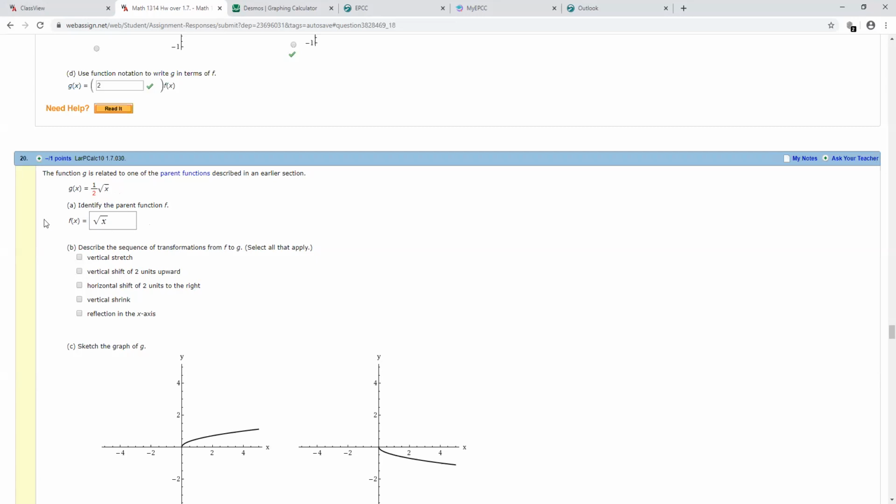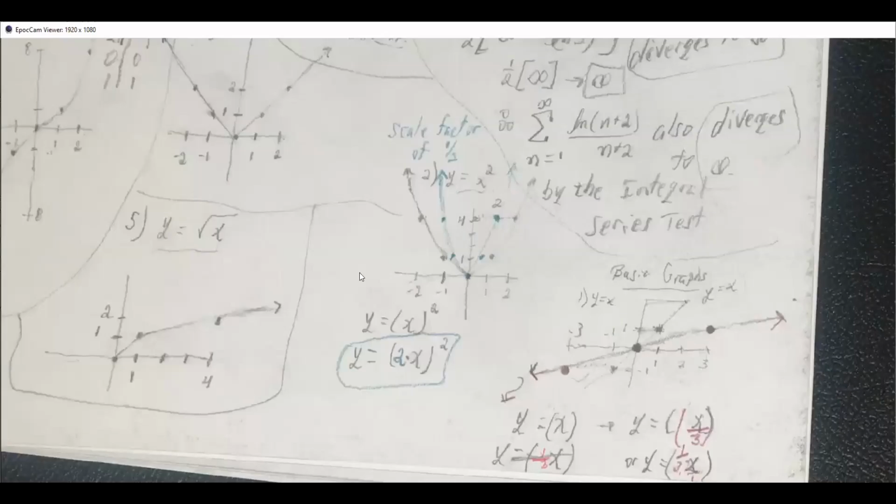Inside or outside? Outside. And that means it's what kind of dilation? Horizontal or vertical? Vertical. Vertical, and which means if we look at the parent function, the square root function, and here it is again, then we're going to pick key points.